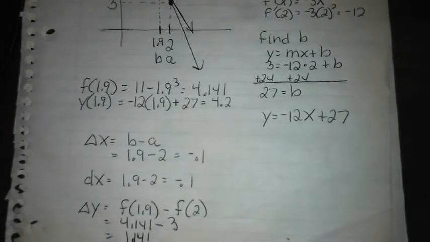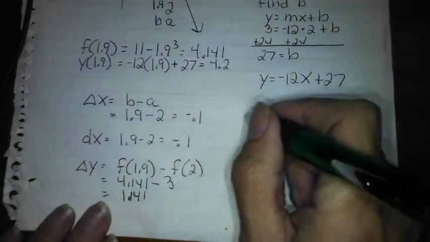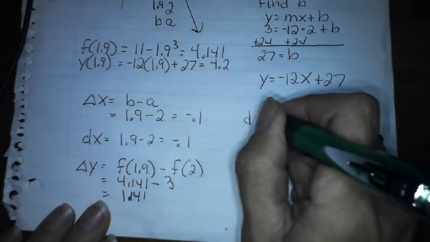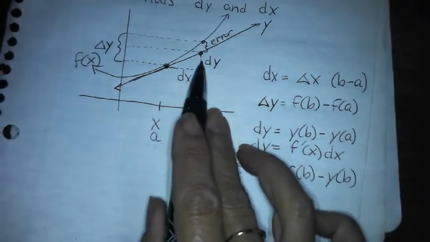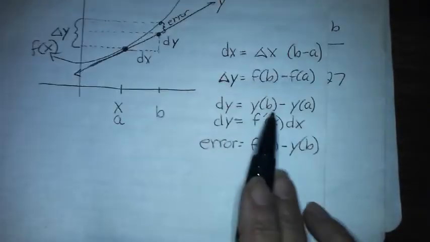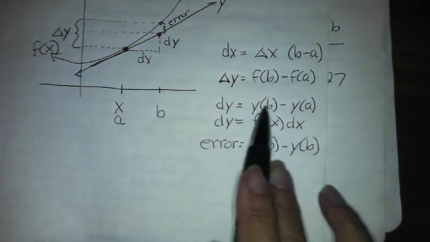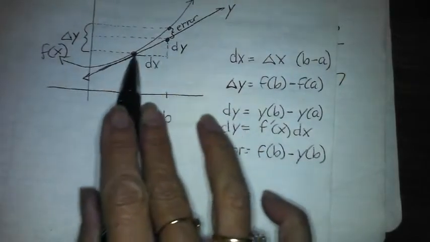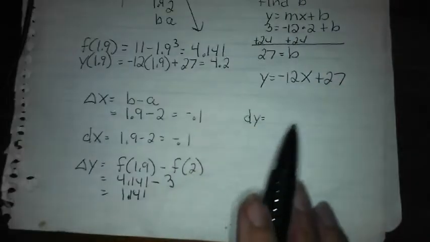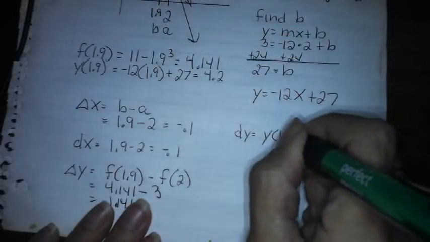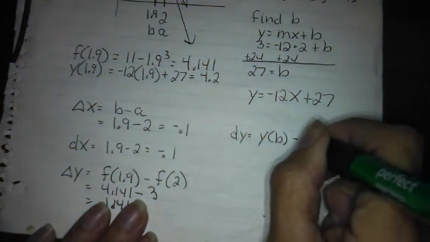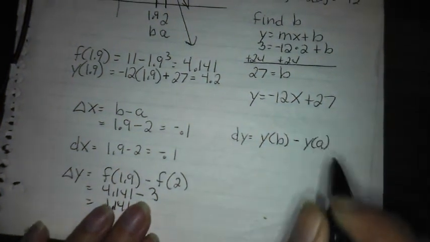Now the differential of y. We're going to do this one two ways. With the original definition, that's the change in y values on the tangent line, two points. So we want the y value at b minus the y value at a.